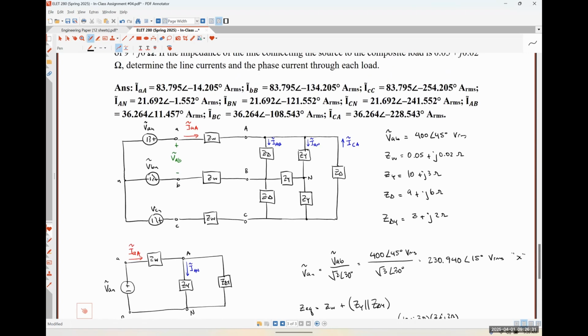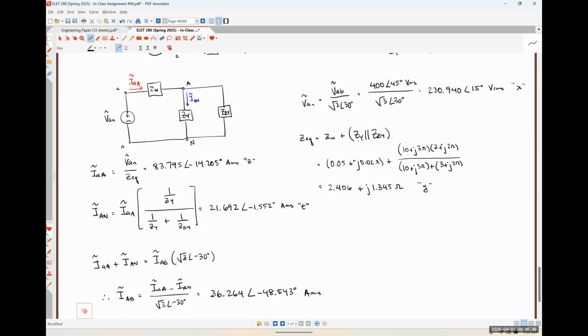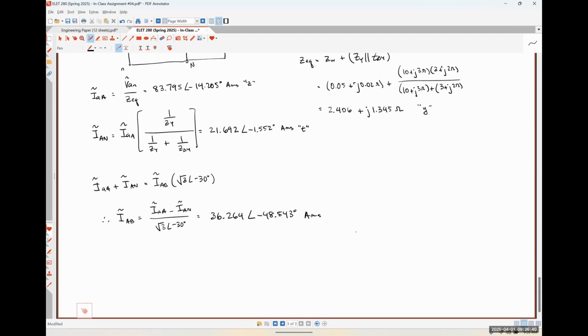And that does indeed... oh, now I forgot to do the minus sign on that 30. So that angle is wrong. I'm just making all kinds of mistakes doing this simple math here. That angle should be positive 11.457. That time it was a user error, in as much as I put it in wrong.